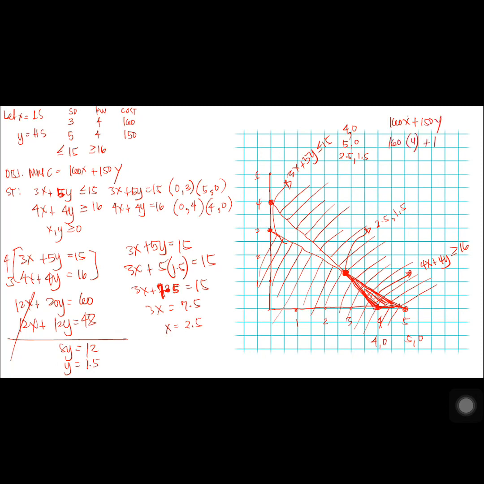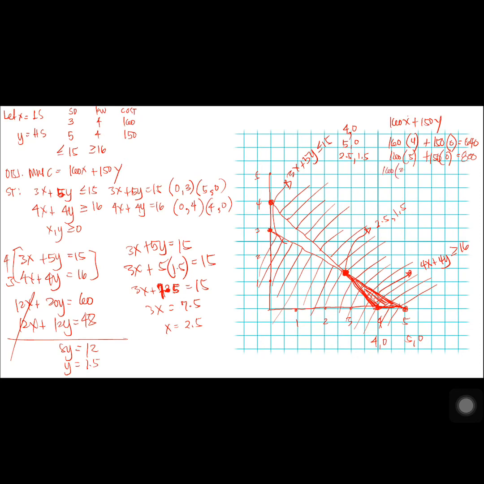So we have 160 times 4 plus 150 times 0 is equal to 640. Then 160 times 5 plus 150 times 0 is 800.